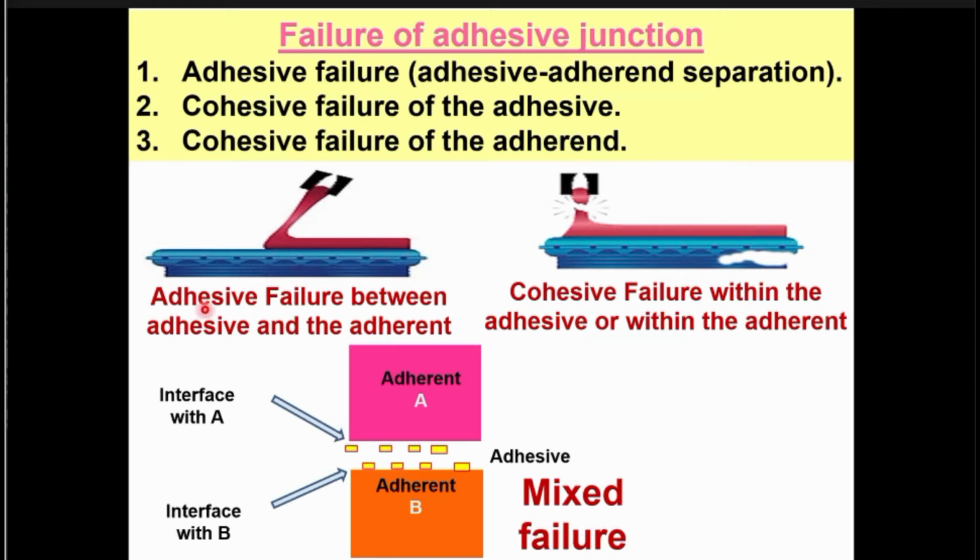So here, for example, we need to improve the adhesion because the material is failing at the adhesion between adherent and adhesive. But in this case, there is nothing wrong in the adhesion. So we have a cohesive problem. Either we need to improve our adhesive or we need to improve our adherent. There is nothing wrong in the bonding.